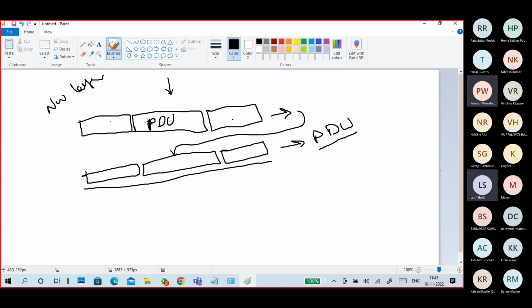Now first of all, transport layer. The TCP header will be added to our PDU from the session layer. This is called a segment. This PDU, we call it a segment.